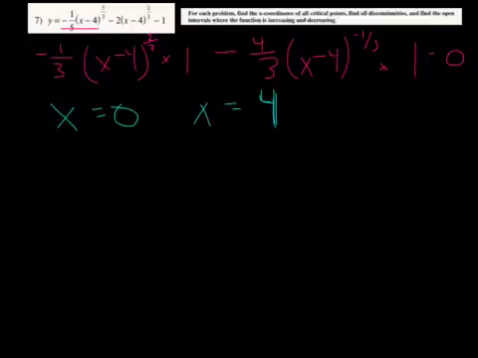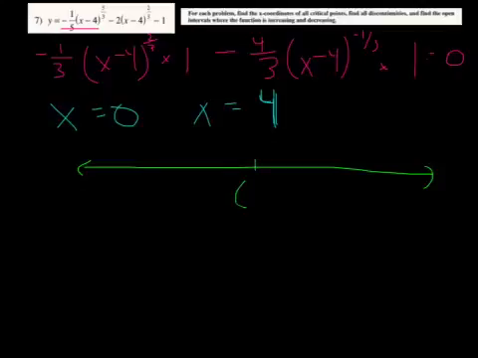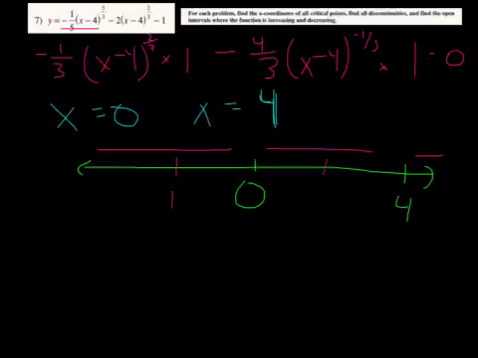Okay, so now that I know my x-coordinates, I draw a number line. On the number line, 0 would be about here, and over here would be about 4. So now that I have 3 intervals, for this one I'm going to choose -1, for this one I'm going to choose 2, and this one I'm going to choose 5.